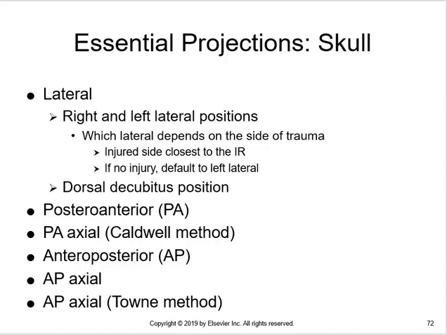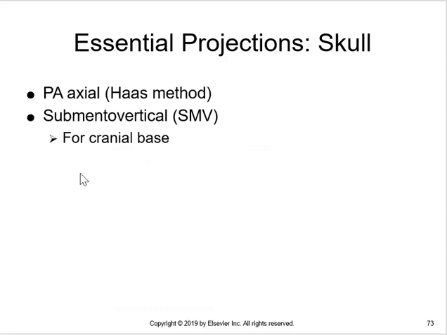The AP axial is a Town method, and it's a different axial with the central ray angulation of a different magnitude in the opposite direction. The Haas is the reverse of the Towns, and it is a PA axial projection as opposed to AP axial.